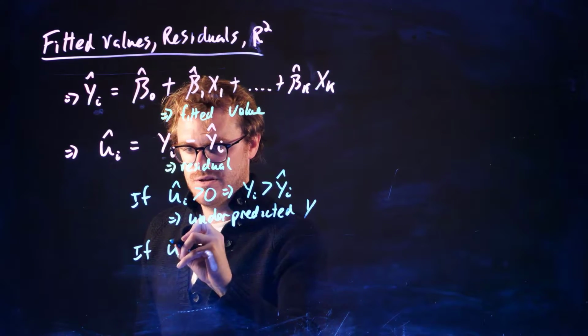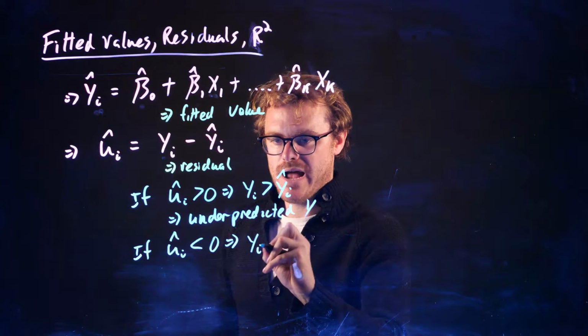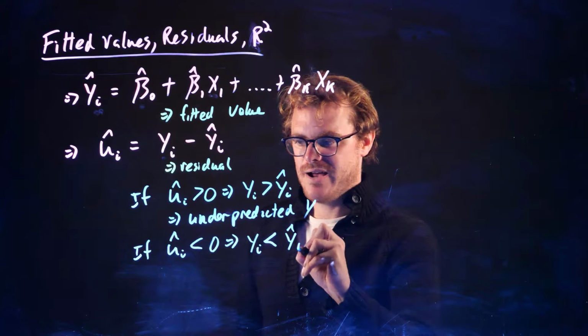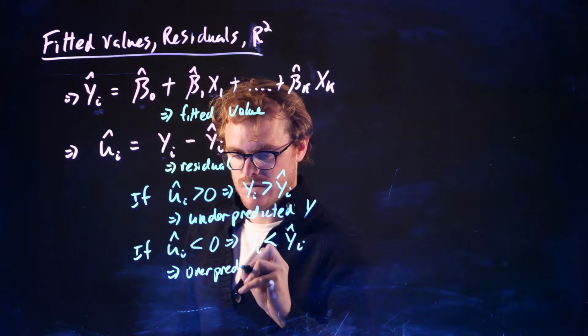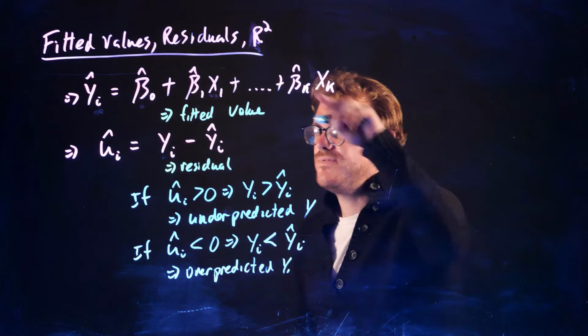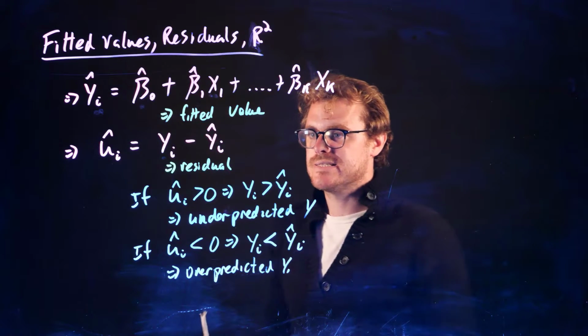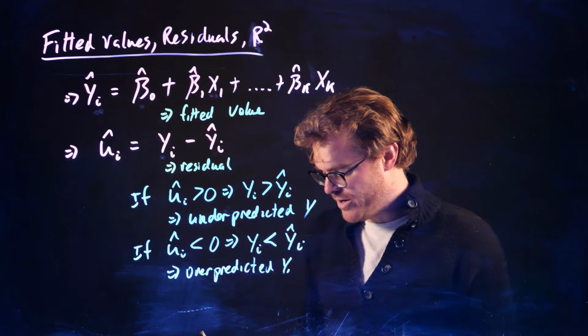And if u hat i is less than 0, that means y i is less than y hat i, which means we've overpredicted y. Though that should be fairly intuitive just from writing this out, right? And knowing that this is the observed value and this is the one predicted by our model.